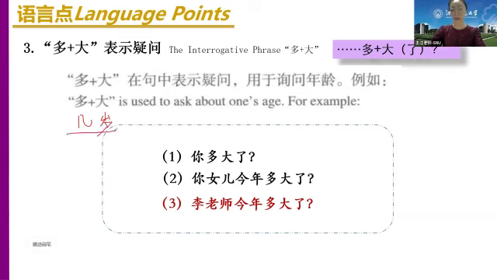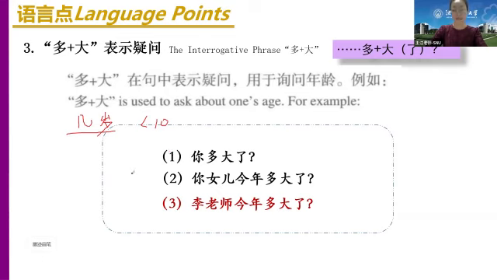So that's the difference between 几岁 and 多大. We usually use 几岁 to ask about a child's age. For example, 你女儿几岁了? How old is your daughter? I think your daughter's age must be less than 10 years old.